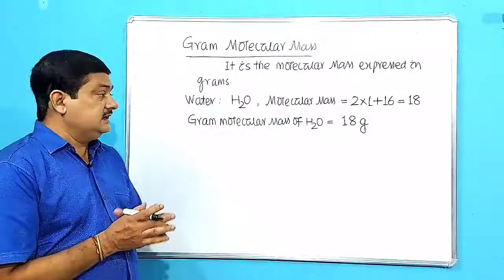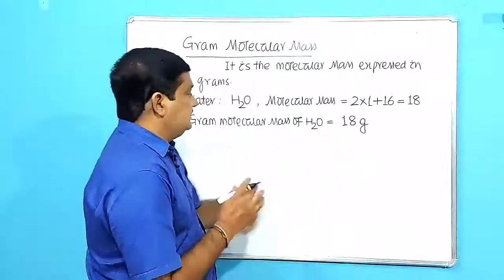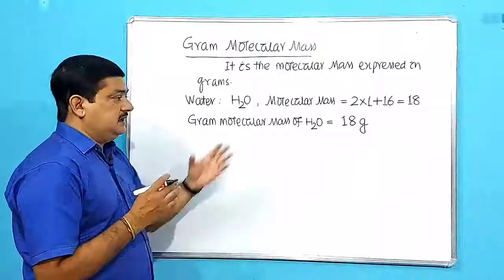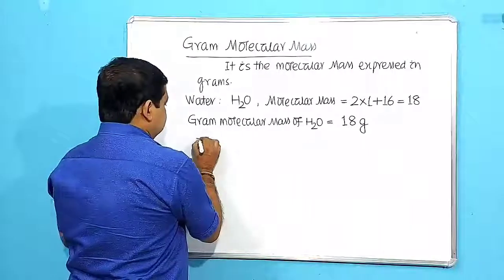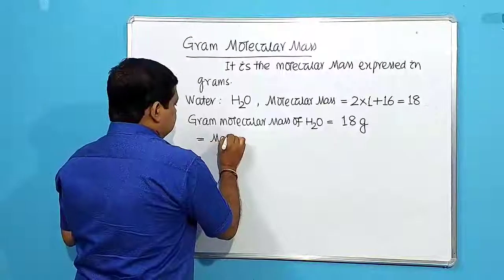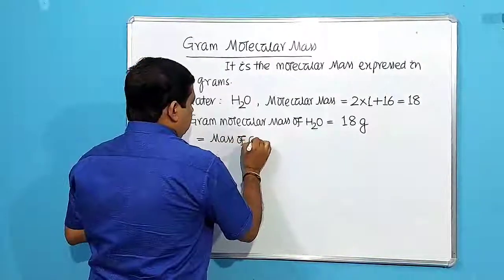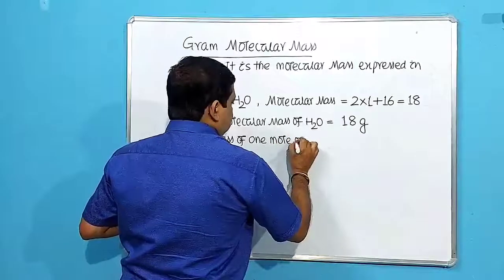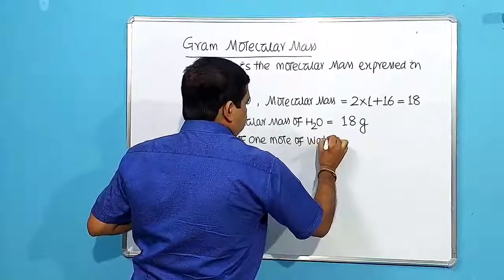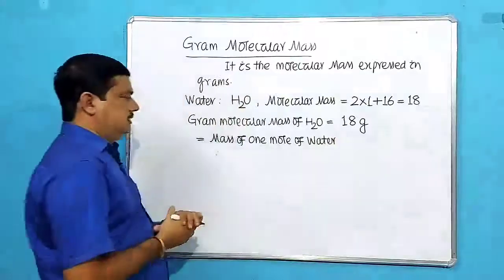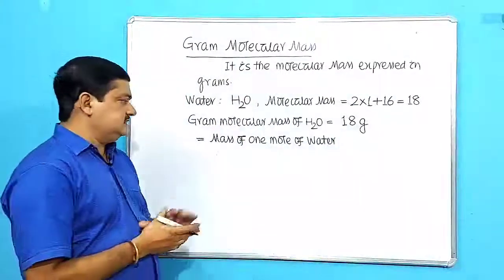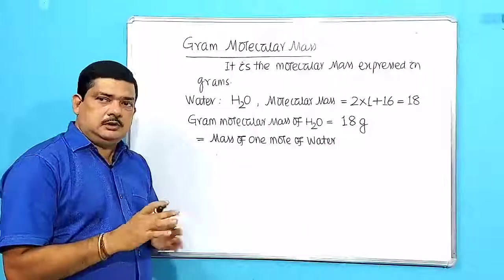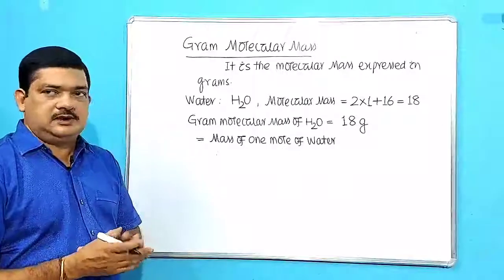Then what is the uniqueness? Now, suppose we take gram molecular mass of water, 18 gram. It is the mass of 1 mole of water. Those who have gone for some more courses must be having some idea regarding mole. Others need not worry.